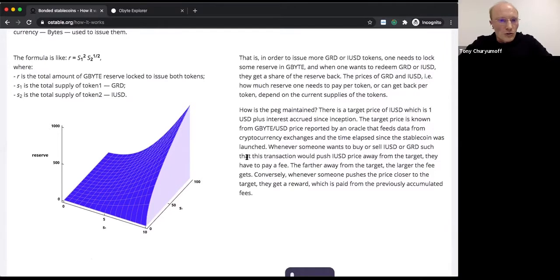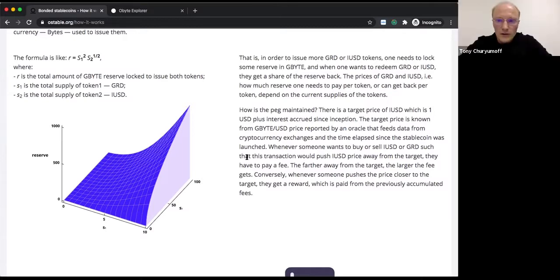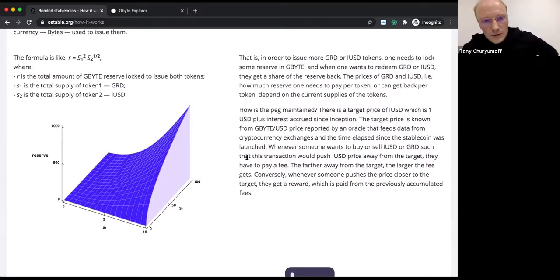We use a two-dimensional bonding curve, and there are two tokens, and you put in a reserve currency, for example, Gbyte, the native currency of Obyte, and you get back any of the other tokens.